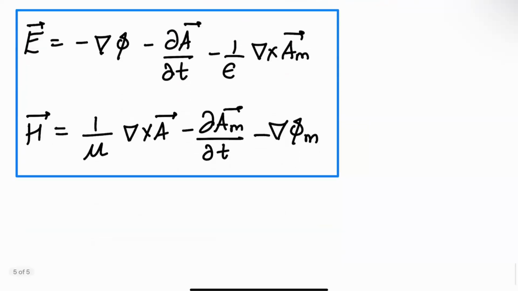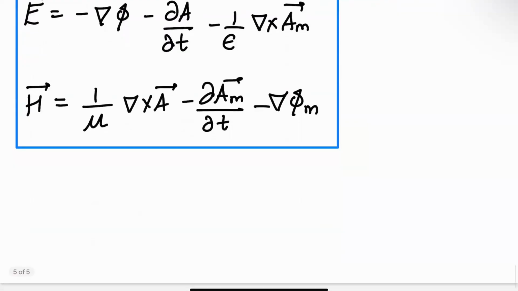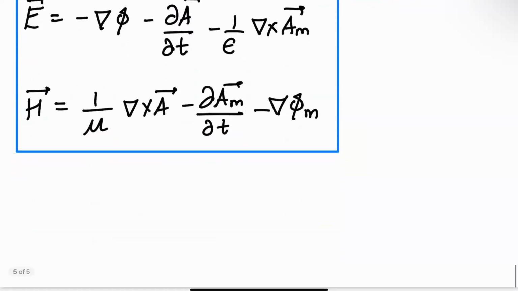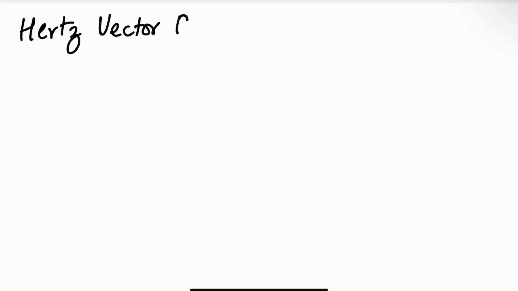Okay. So now that we know how to find the potential, we know that given potentials, how to find the fields, you can write these fields in this form in terms of the potentials. All right, so next we can discuss a different kind of potential, which is called the Hertz vector potential.